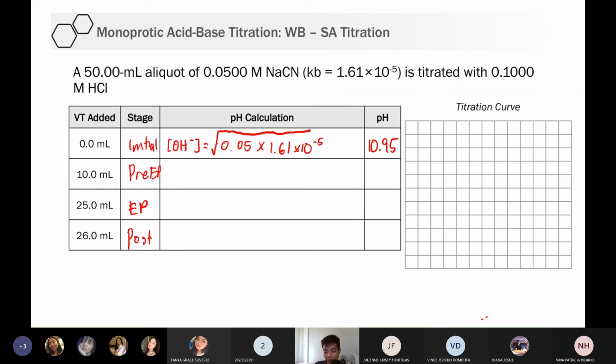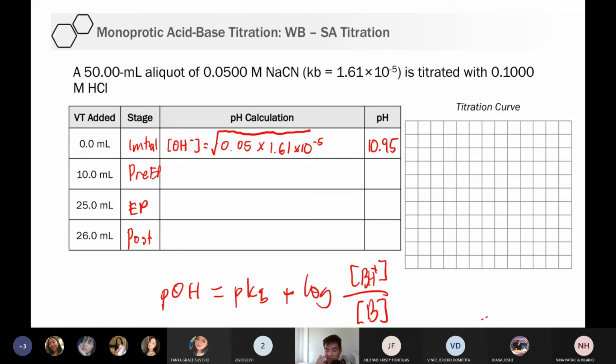Pre-equivalence point, buffer yan. However, since basic solution yan, we use the pOH version. pOH equals pKB plus log conjugate acid divided by the base. Sorry. Okay. So conjugate acid divided by the base. No?